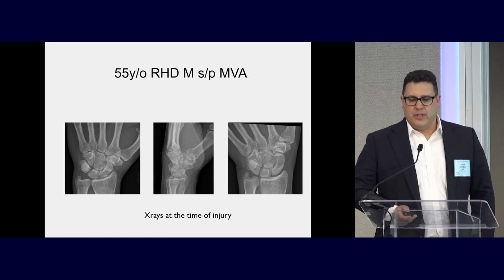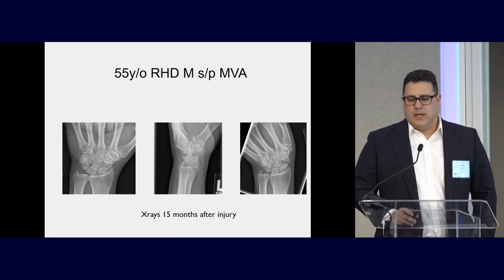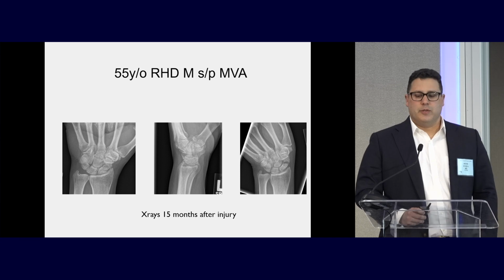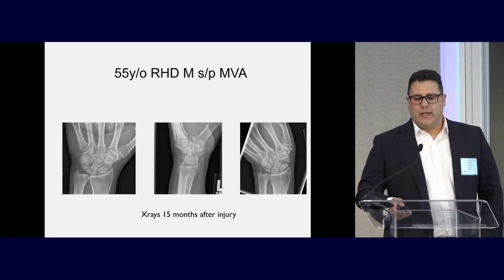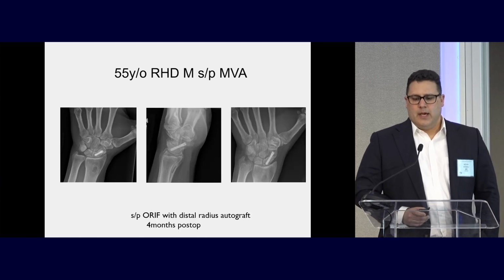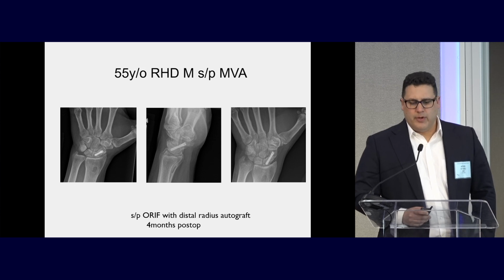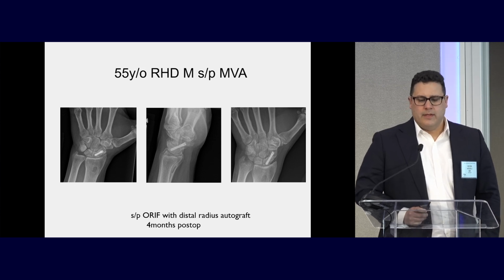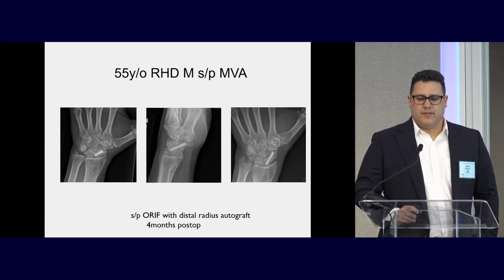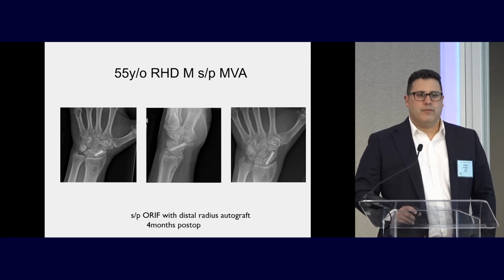When he eventually complained enough, he was sent to my clinic at about 1.5 years after the injury, and you can see that he developed this scaphoid non-union. So I took him to the operating room, and I did a volar approach open with just a non-vascularized distal radius autograft, and you can see that his fracture healed after about 4 months.